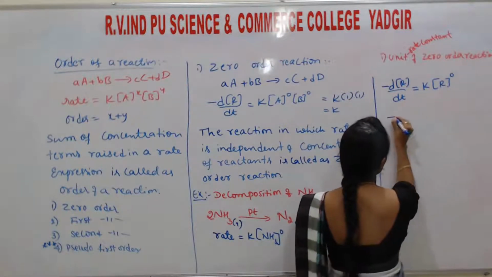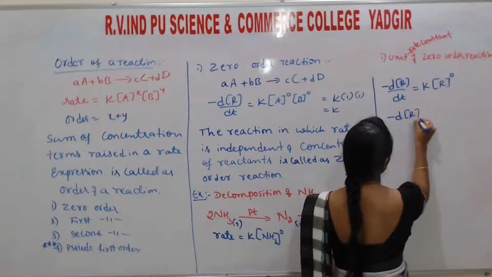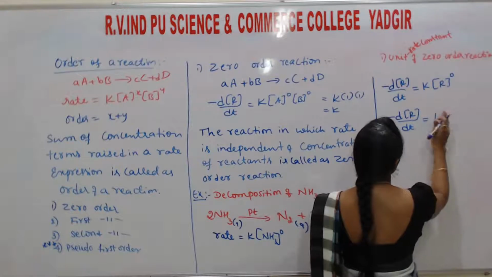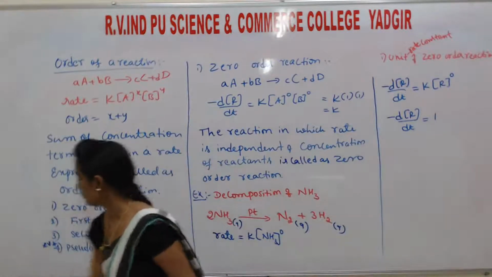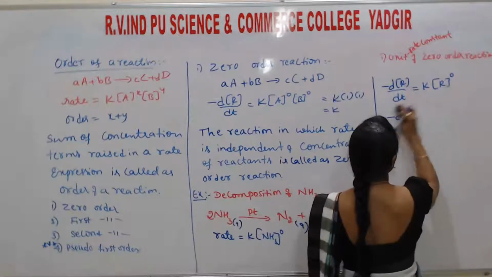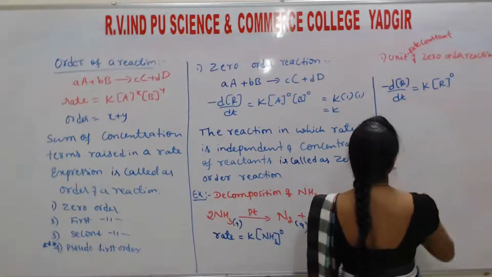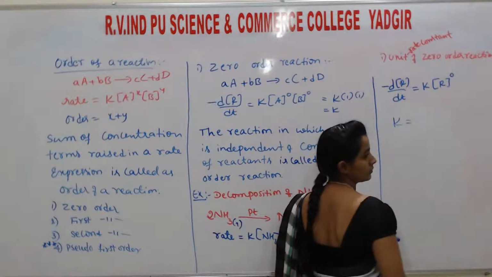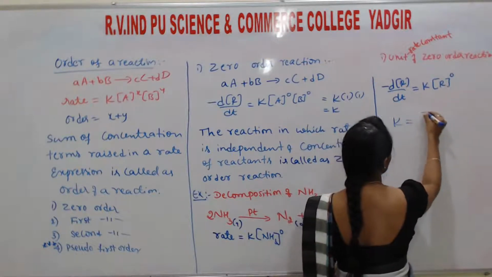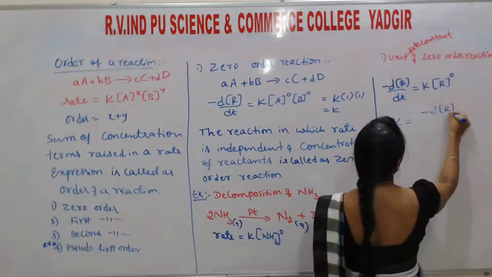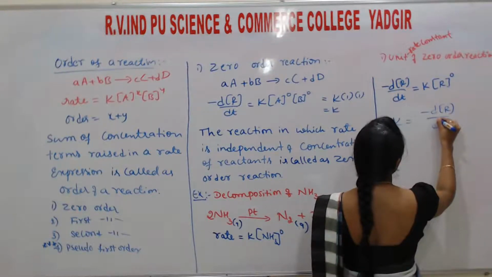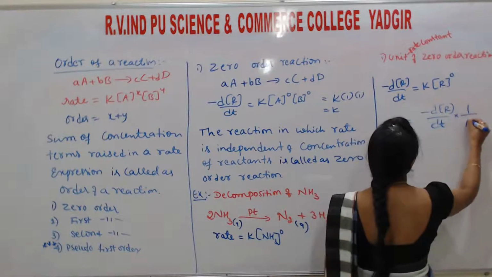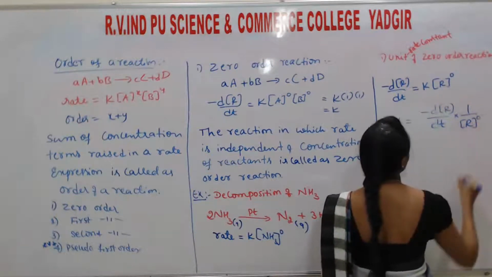So you take minus dR by dt is equal to, okay, sorry. K becomes what? K is equal to minus dR divided by dt into 1 divided by R to the power 0.